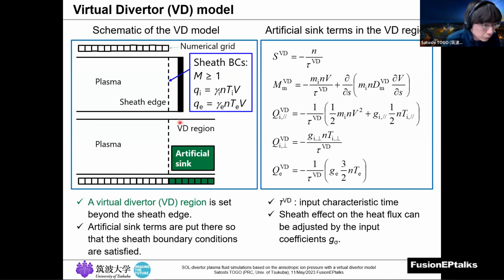In AIP model, on the other hand, a virtual region is set beyond the sheath edge, and artificial sink terms are put there so that the sheath boundary conditions are satisfied. The artificial sink terms for the 5 equations are shown here. Here, tau Vd and the coefficients G are input parameters to control the boundary conditions.